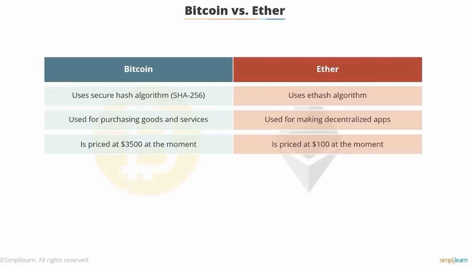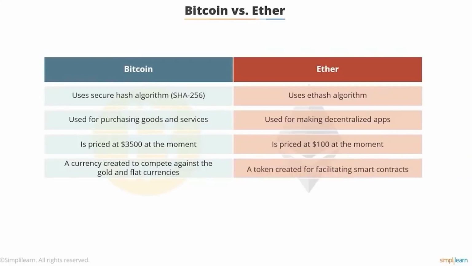The fourth difference is in the vision behind creation of these two cryptocurrencies. BTC is a currency created to compete against gold and fiat currencies by acting as an alternative. However, ETH is created as a token to facilitate smart contract deployment and operations.